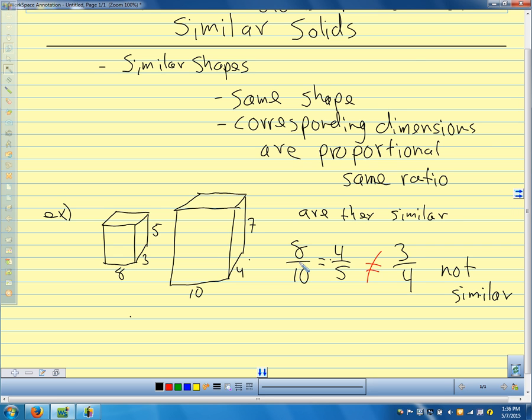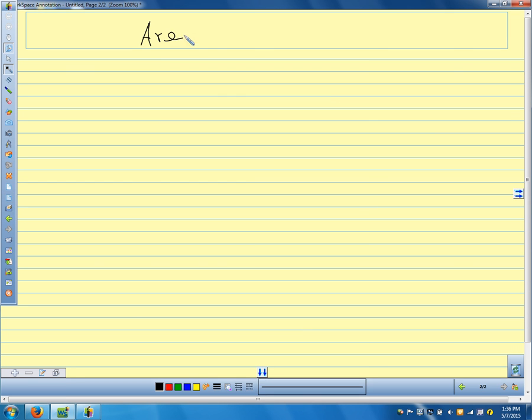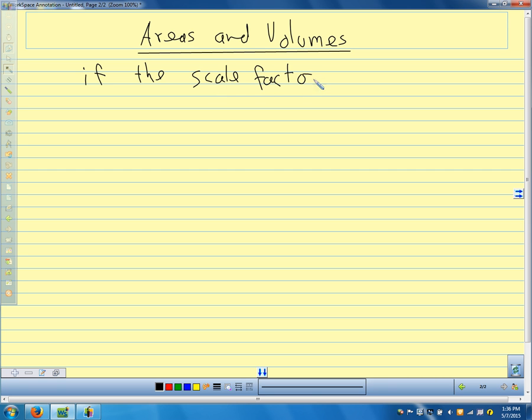All right. So let's get to the important part of what we want to talk about today, our areas and volumes. The other way we thought of the scale factor was a length ratio.